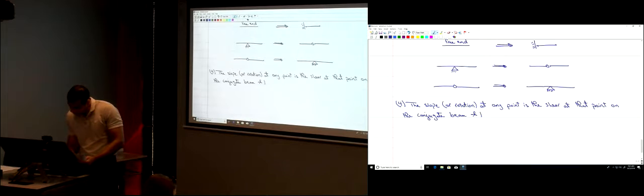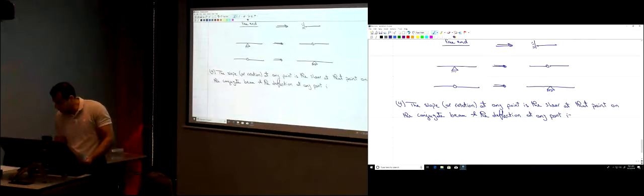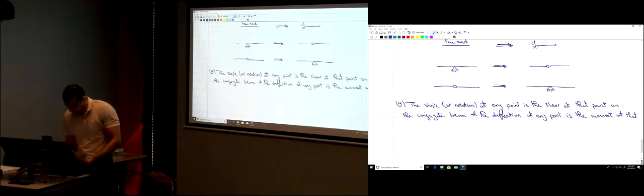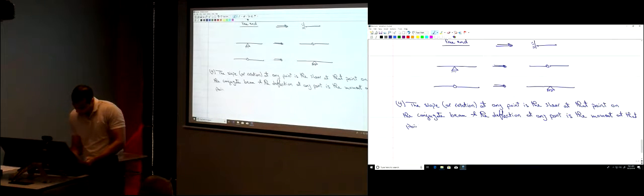And the deflection at any point is the moment at that point on the conjugate beam.